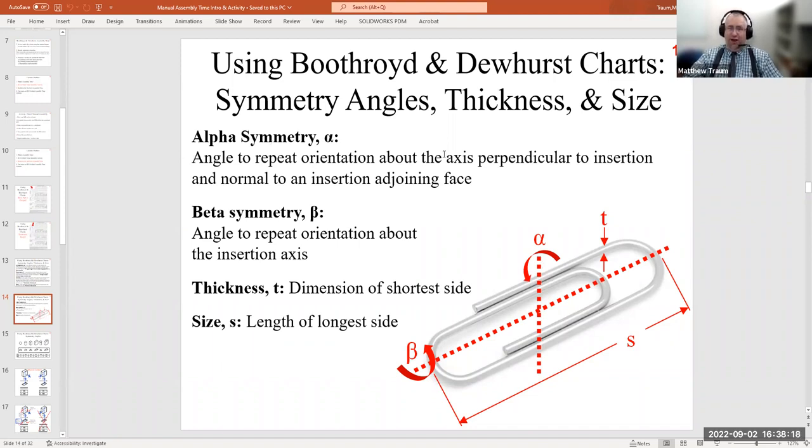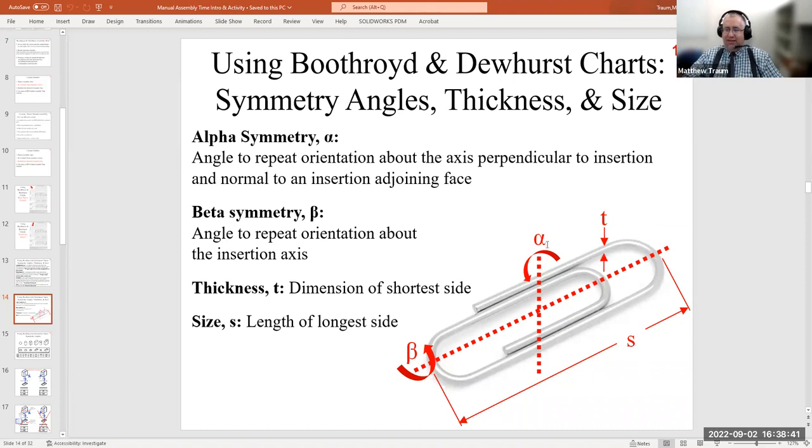There's an awful lot of information in that sentence, but basically what it means is, if you think about the direction of insertion, it's along this long red dotted line that's running down the center of the paper clip from the back side to the front side. So that's the direction of insertion. You're going to insert this thing to your right, onto your stack of paper.